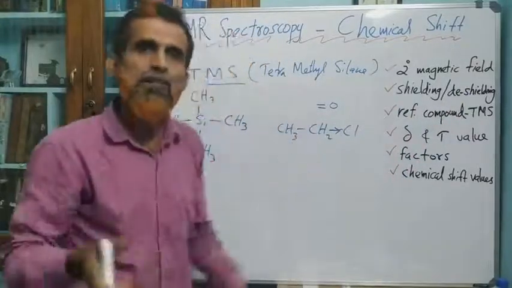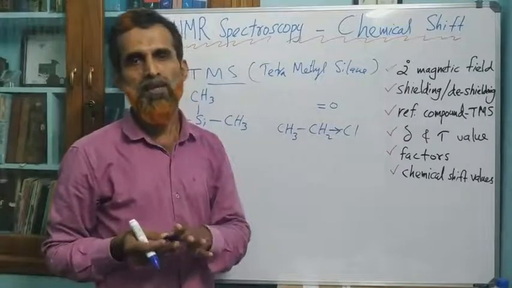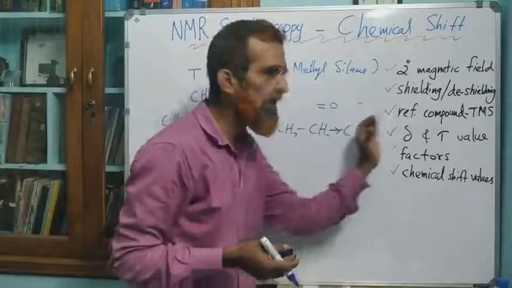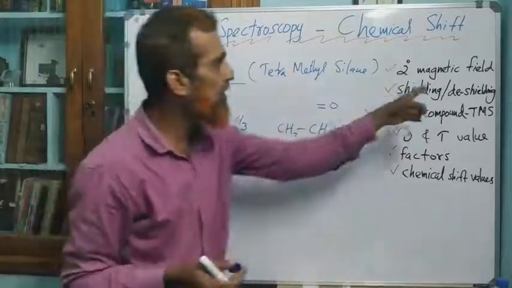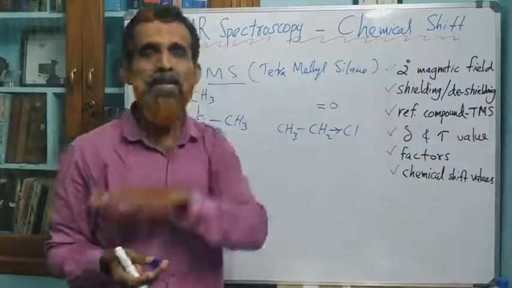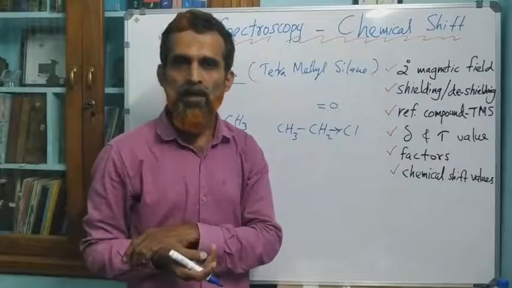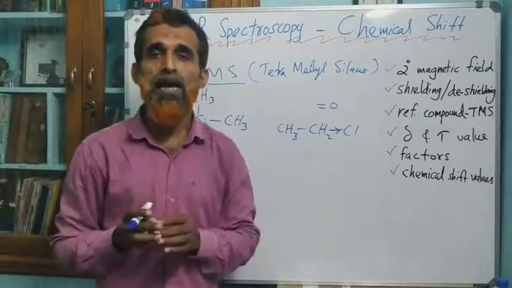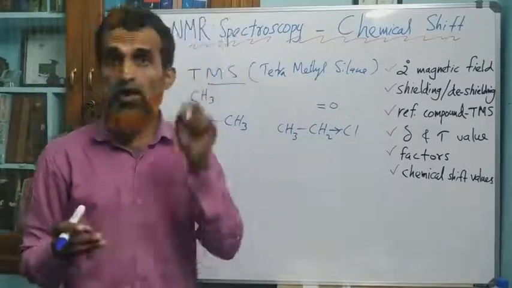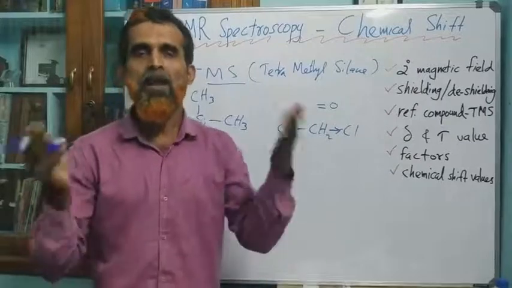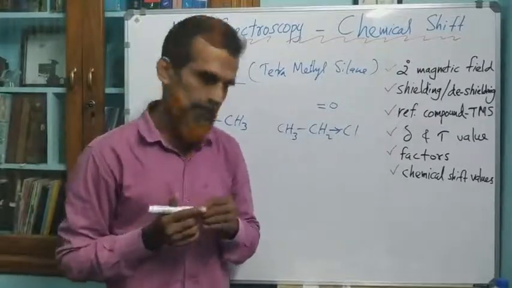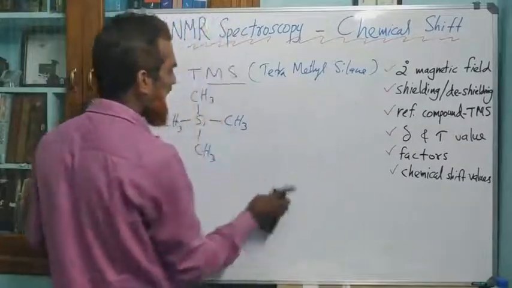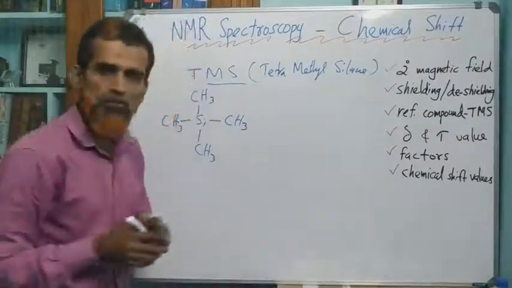Shielding is generally by the secondary field produced by the circulating electrons, and if there are some factors which reduce the electron density around the proton, then we call it deshielding. So due to shielding and deshielding, different sets of protons in a molecule absorb at different frequency because they feel different applied magnetic field strength. Now, what makes TMS a good reference compound?